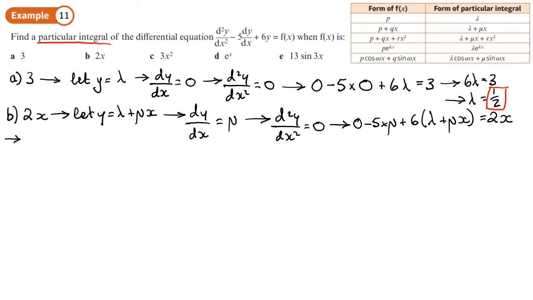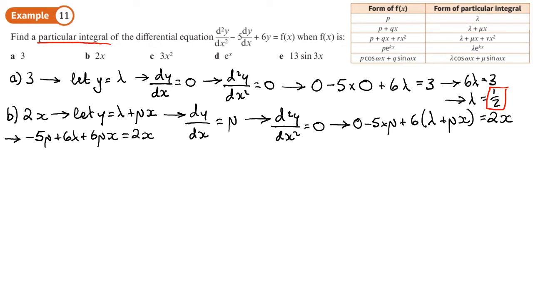Okay, so we're now going to solve this. A little bit more work than the previous one, but it should still be fairly easy to solve. So let's expand the brackets and see what we get. So I'll get minus 5 mu plus 6 lambda plus 6 mu x equals 2x.